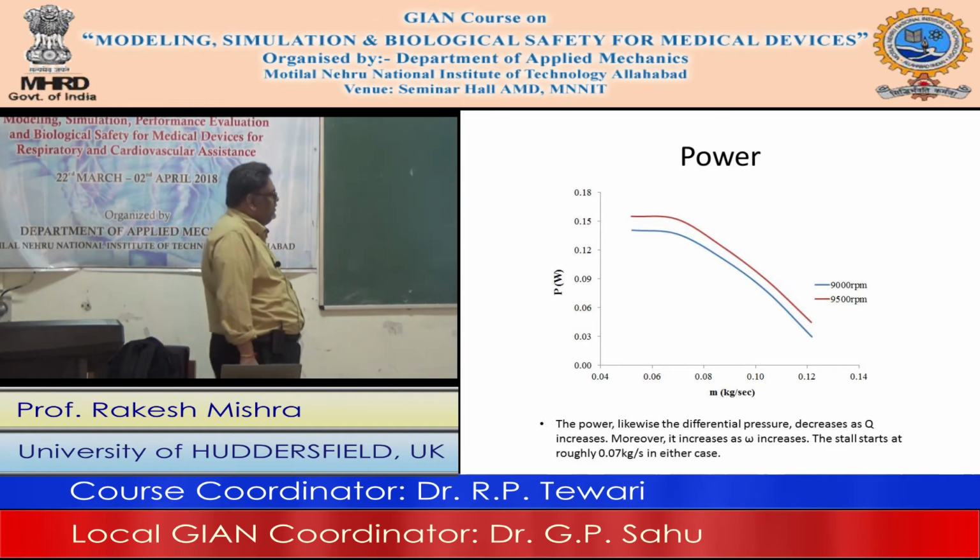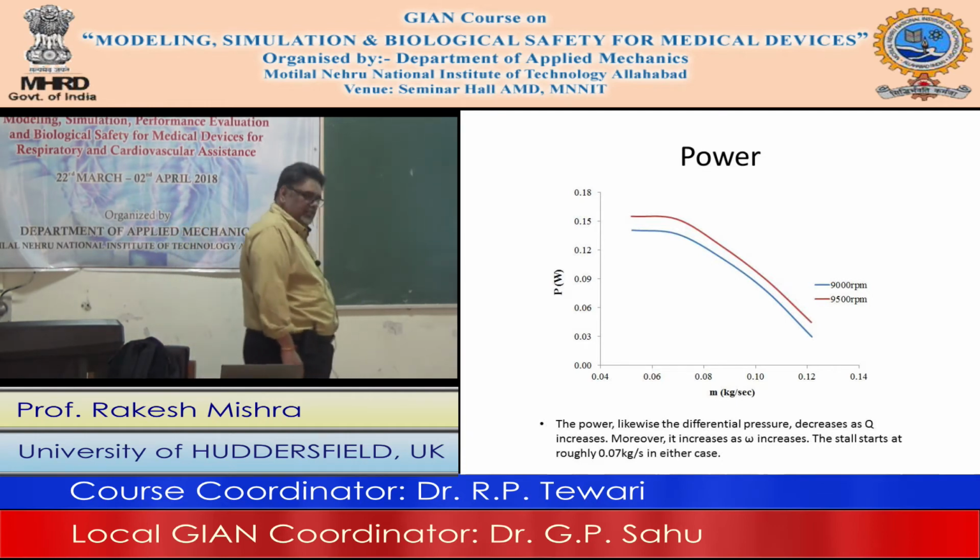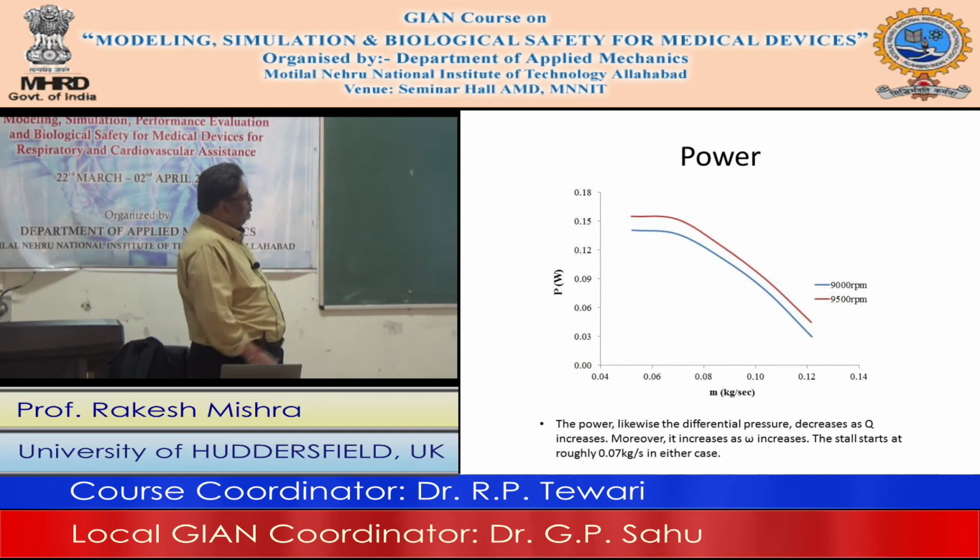What I have done here is, I am trying to show you two effects. The top two are the same speed, different flow rates. And the first and third are the same flow rate but different speeds.